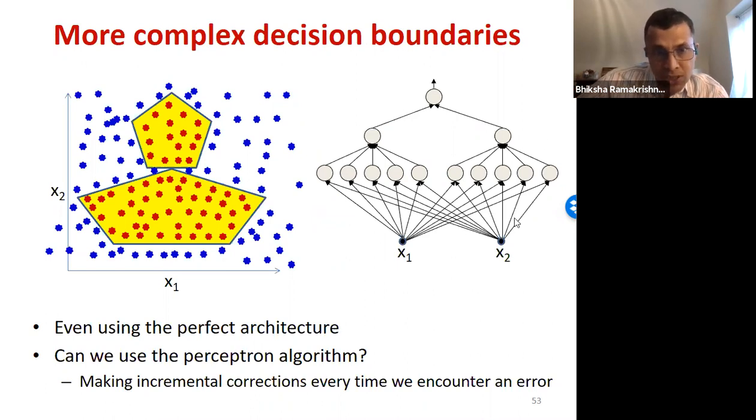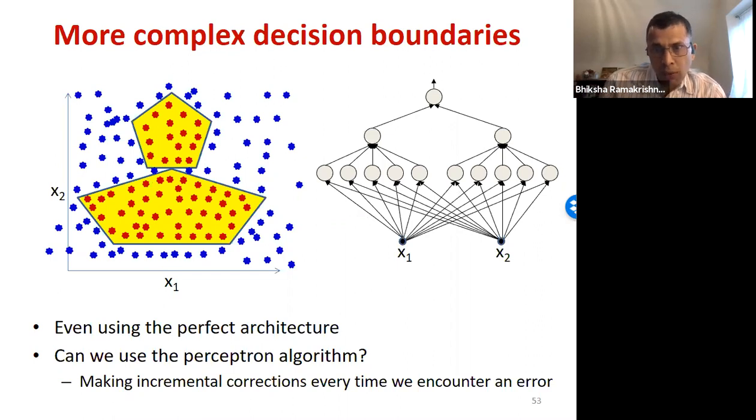The structure is just right. All we have to learn are the weights and the biases such that this guy actually captures this decision boundary. Can we learn it using the perceptron algorithm? And again, remember, the perceptron algorithm just keeps making incremental corrections to the weights whenever it encounters an error.